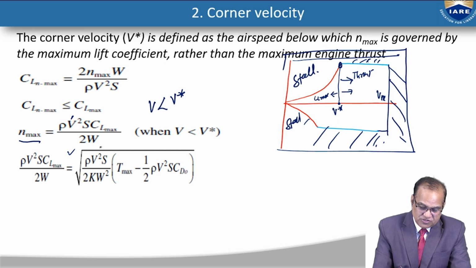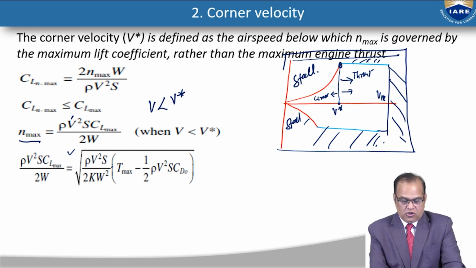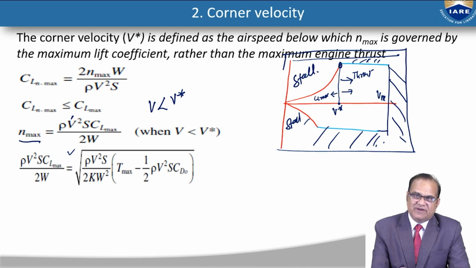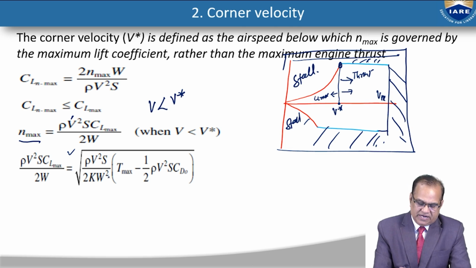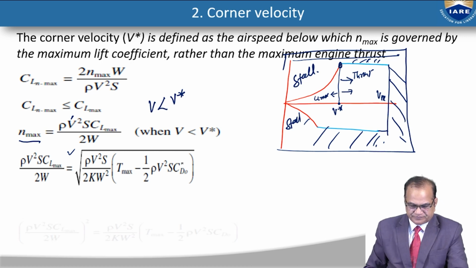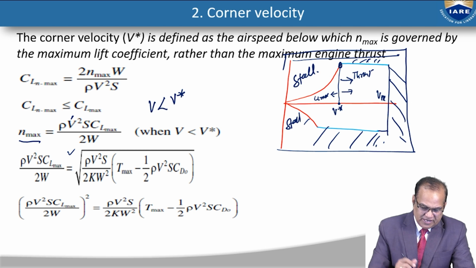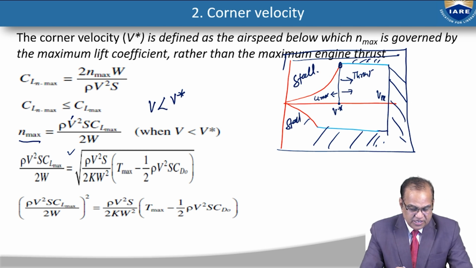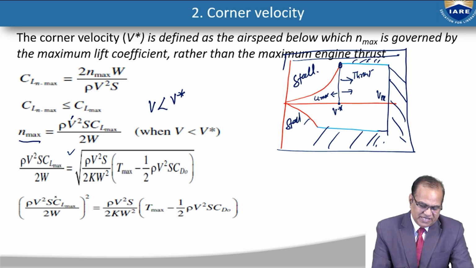Here CL maximum is equal to the whole under root of rho V square S divided by 2KW square T maximum minus half rho V square S CD naught. Here we can square it to remove this square root.